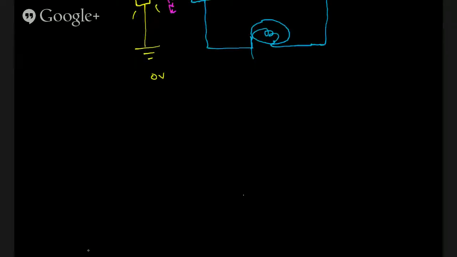All right, so we've got our basic triode here. And let's look at that in silicon form. All right, so the semiconductor equivalent of a triode is a device called a transistor.